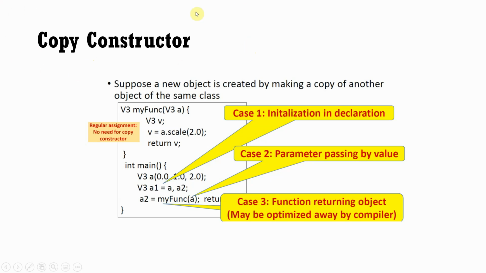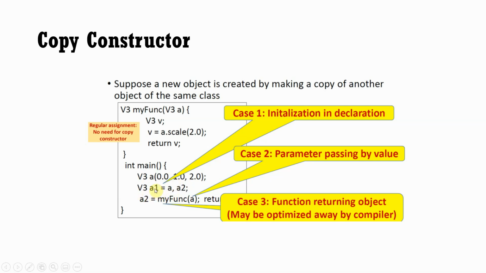So copy constructor is called when we are instantiating a new object by making a copy of another object of the same class. Look at this one, we have a class definition here. The first line is calling a non-default constructor, or a parameterized constructor. Now let's look at the second line in the main function, when we say v3 a1 is equal to a.